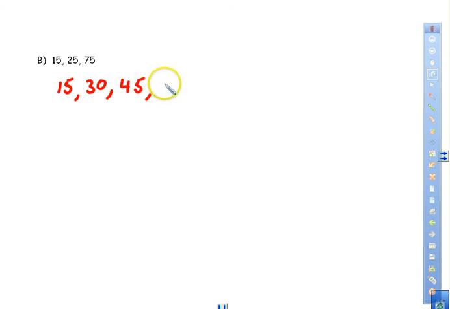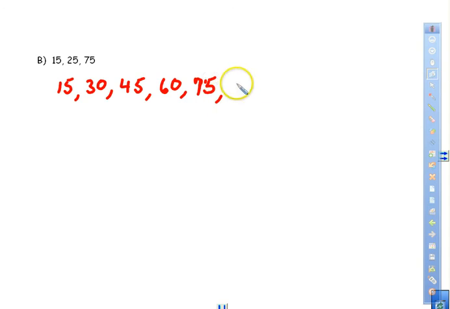Let's go ahead and look at the next one and go ahead and solve this. And remember that all 3 have to be the same. So go ahead and solve this. So I have 15, and then 30, and then 45. 15 more is 60. 15 more is 75.